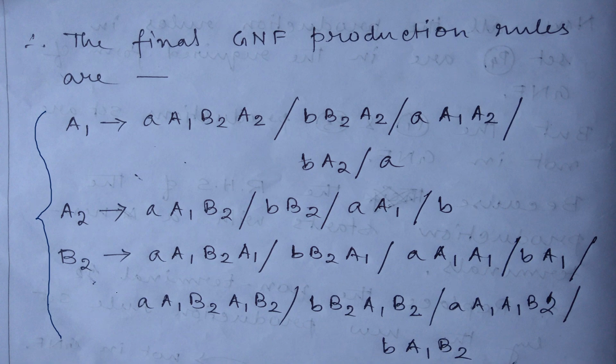So in this way, we can find a GNF from a normal context free grammar.